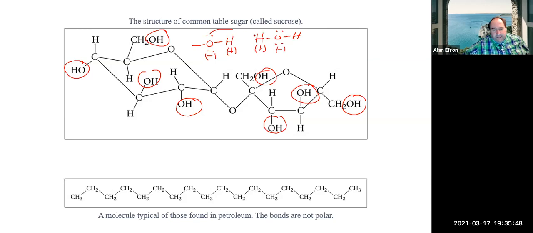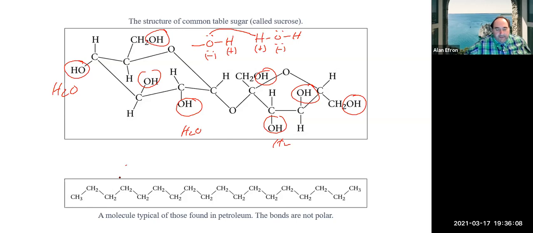You get opposites attract between the oxygen in sugar and the H in water. So everywhere I circled, water molecules can interact. That's what makes it really soluble, because all over it has a way to interact. Even though it's a relatively large molecule, it's able to do that.